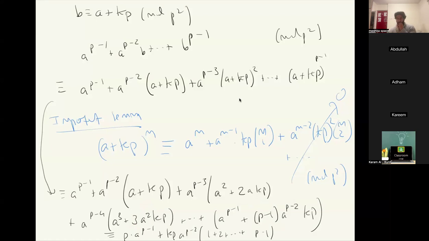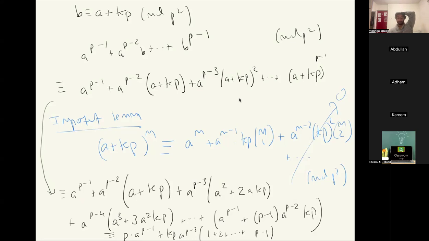So it will be congruent to p times a to the p minus 1, since the old expression, because the second term is also divisible by p, right? Yes, because p is not 2.